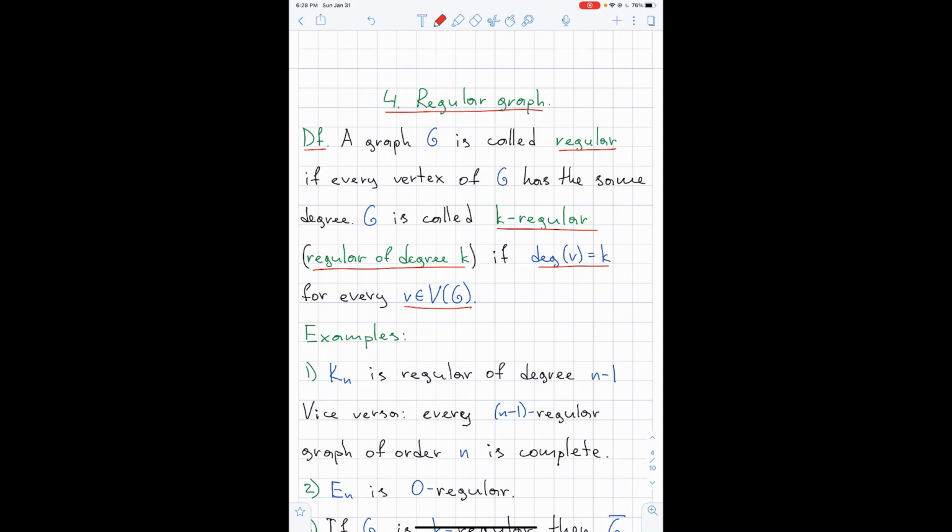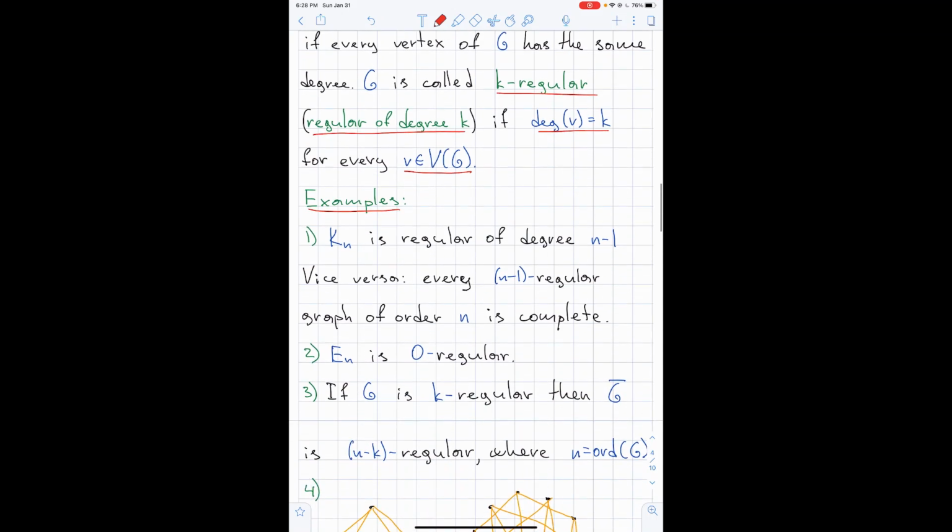So some examples. First of all, of course, Kn, the complete graph on n vertices, is regular of degree n-1, or n-1 regular. Every vertex in the complete graph is connected to every other vertex, and there are n-1 other vertices, so it is regular of degree n-1.